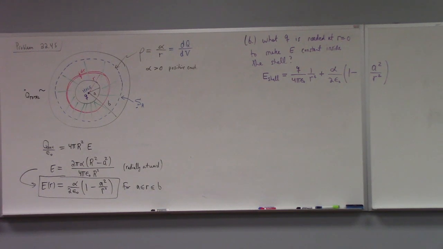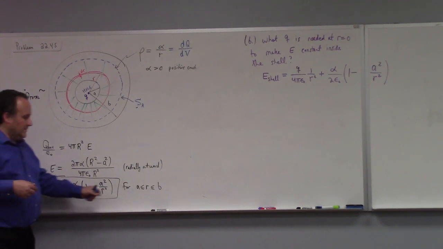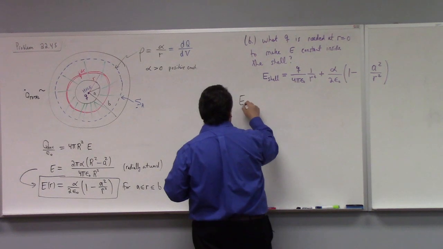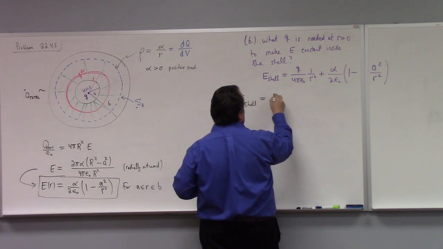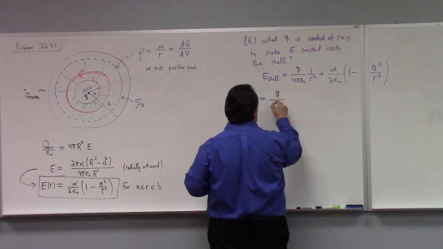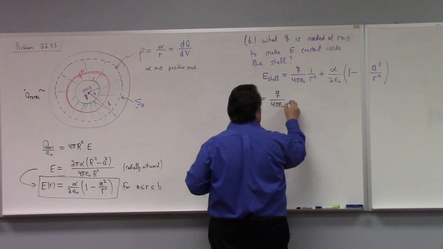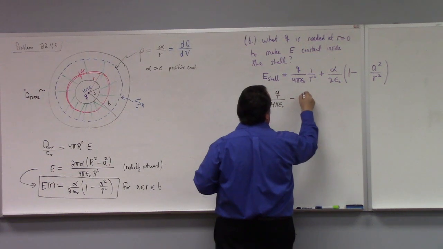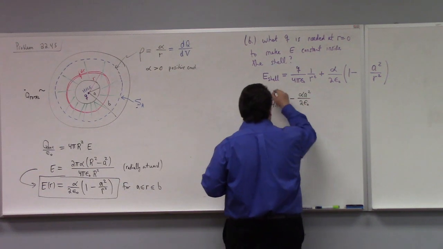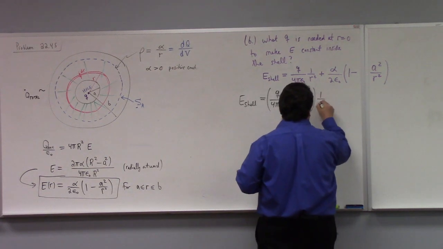Let's do the math here. We rearrange a bit, right? So we've got E shell is q over 4 pi epsilon naught minus alpha a squared over 2 epsilon naught, all of that times 1 over r squared, right?